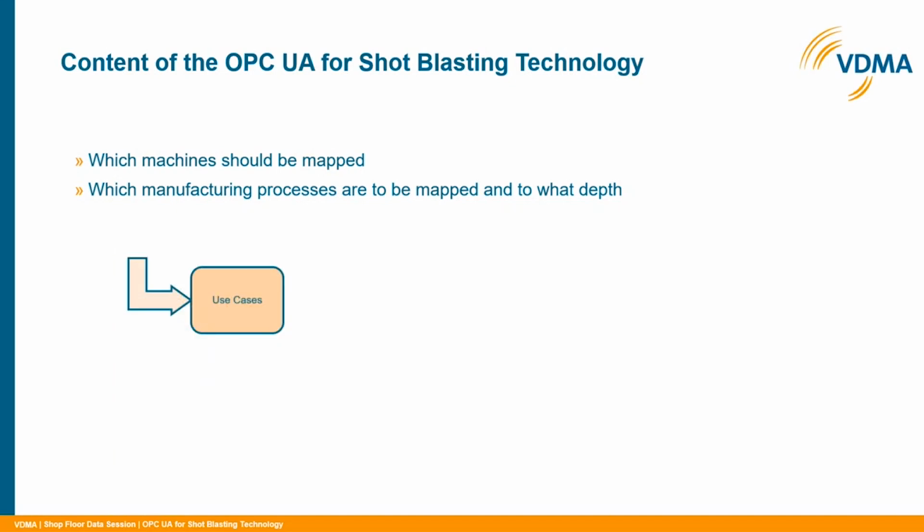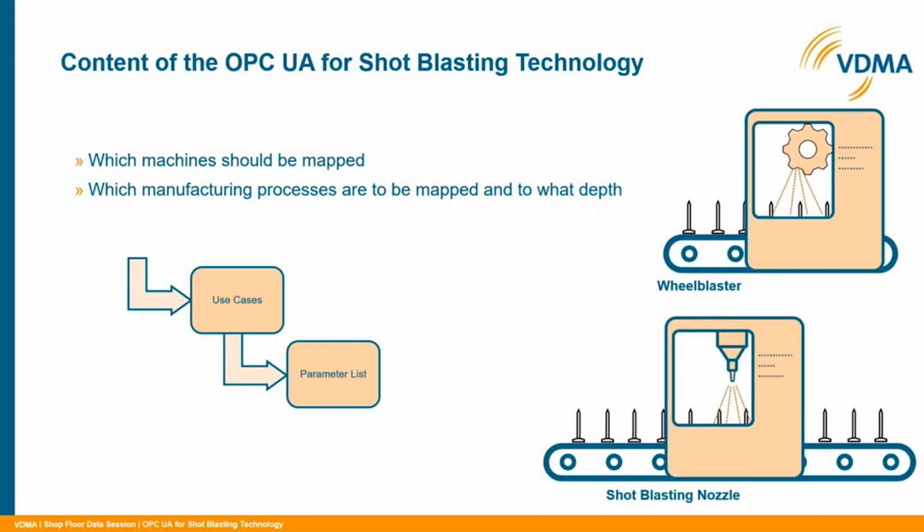So after the use cases are defined, you can start to build up your parameter lists, define the parameters that are necessary to fulfill these use cases. And as Martin already told you, we have two different kinds of shot blasting machines. By that, we for sure have to look: are there any differences in the parameters and so on?